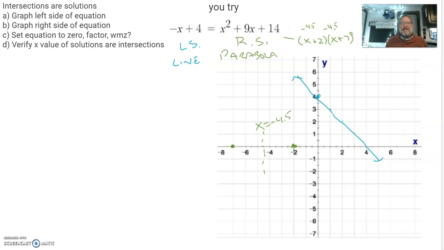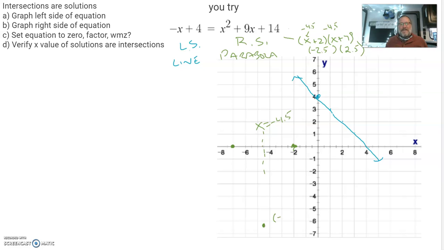So if you plug in this value, you can see that I'll get -2.5. That's -4.5 in for x there. Add 2, that's -2.5. And the same thing, put -4.5 into the second binomial, and you'll get 2.5. 2.5 times 2.5 is 6.25, and that's where you'll find the vertex.